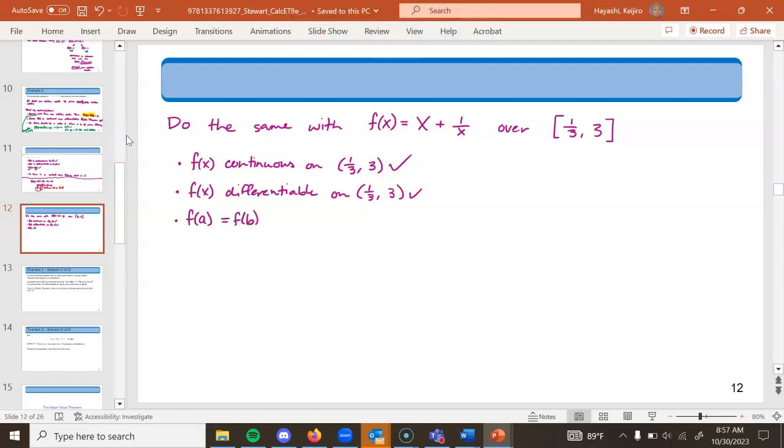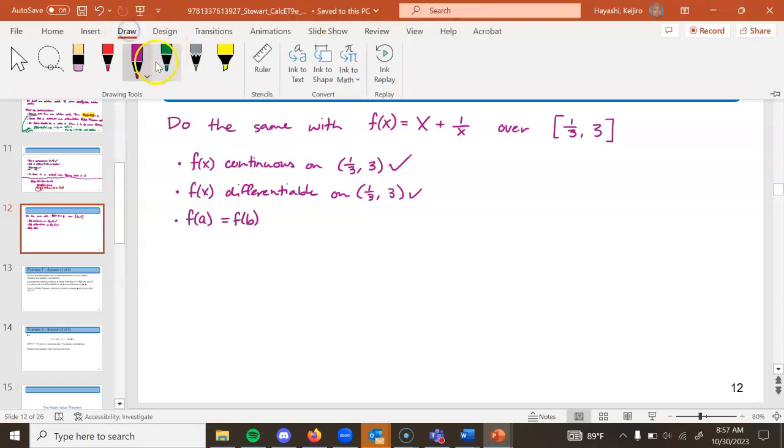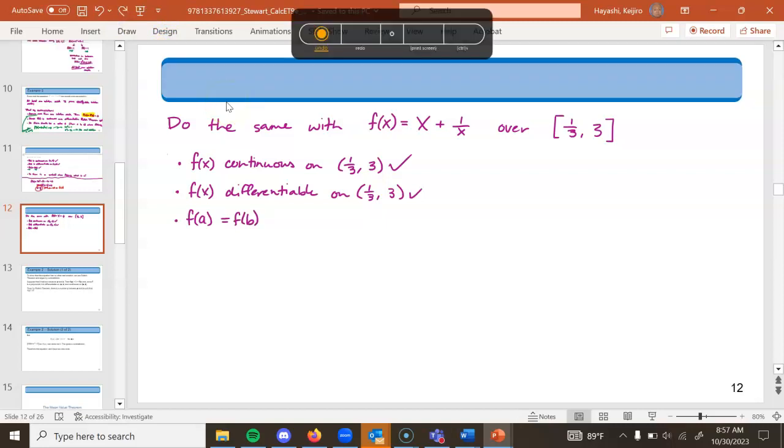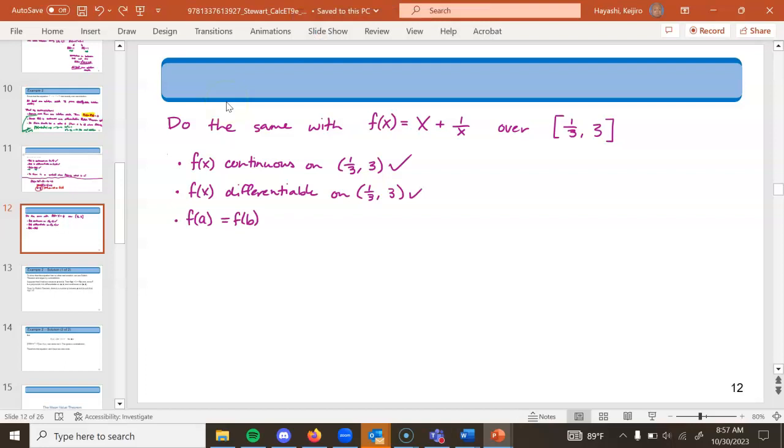And are the values at the two endpoints of the interval the same? Yes, they are, because it's sort of like reflexive. You plug in 1/3, you get 1/3 plus 3. Plug in 3, you get 3 plus 1/3. So either way, you get 10/3.